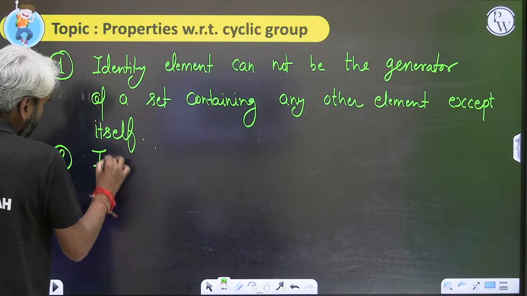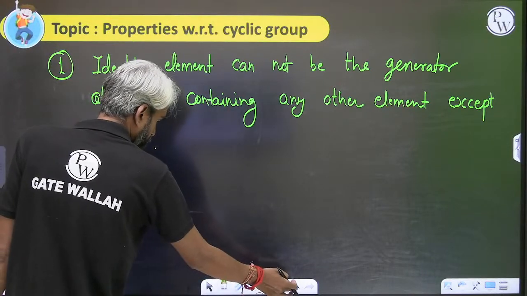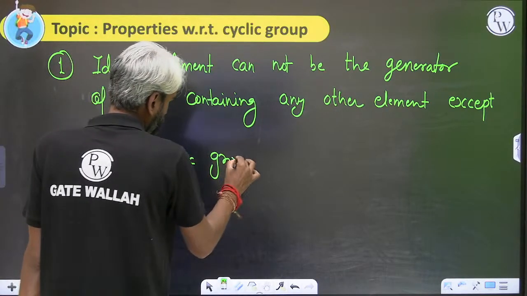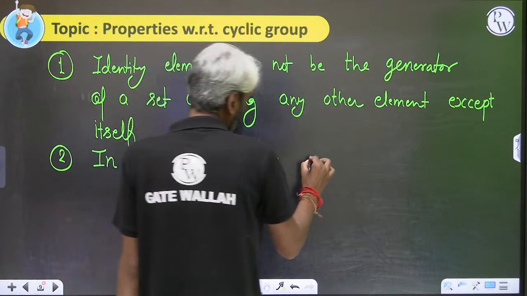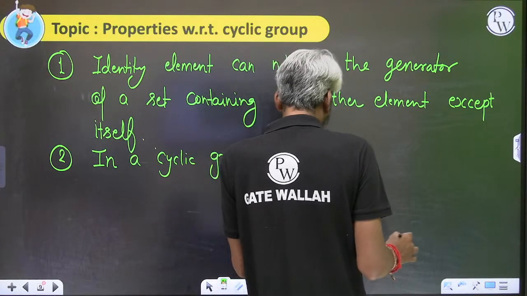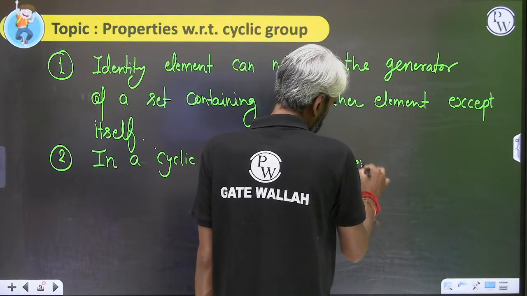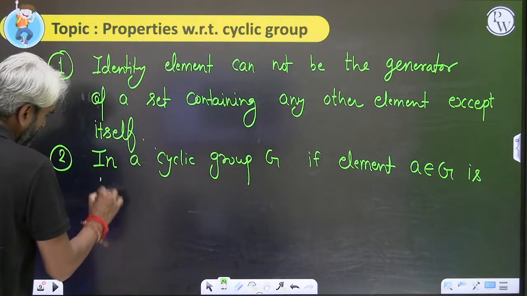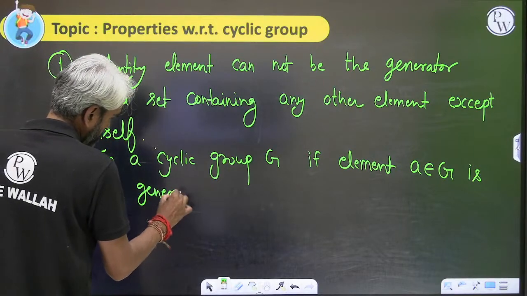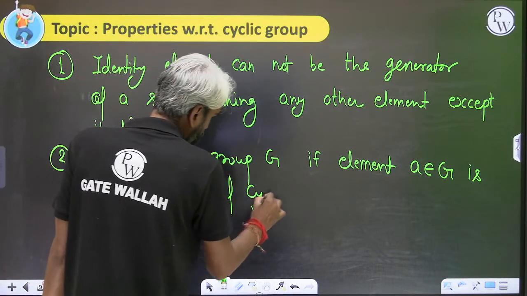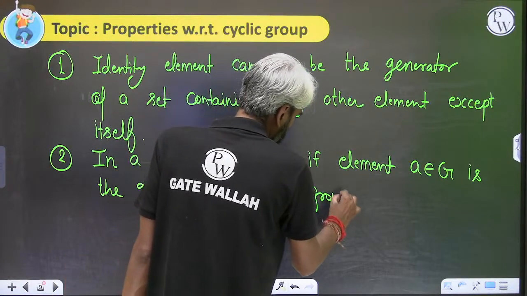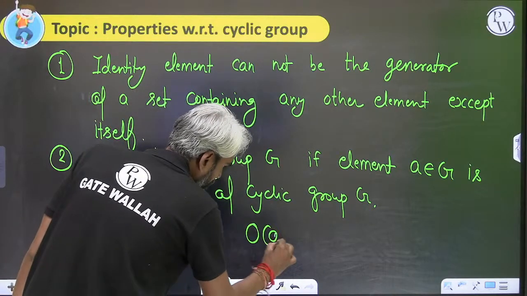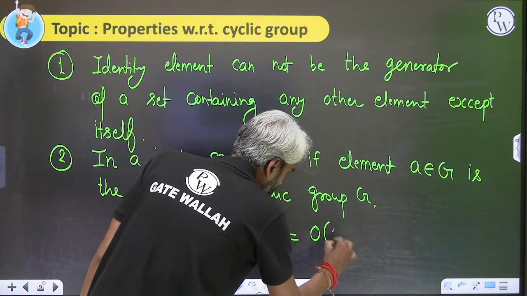In a cyclic group G, if element A belonging to G is the generator of cyclic group G, then order of the element, order of generator, is the same as the order of the cyclic group.